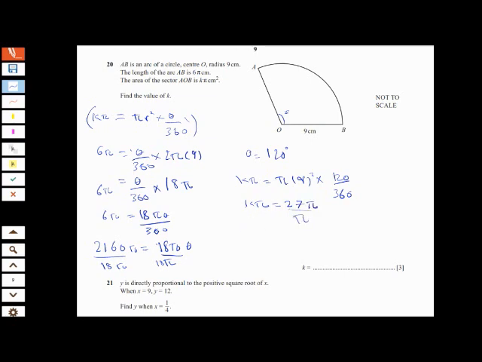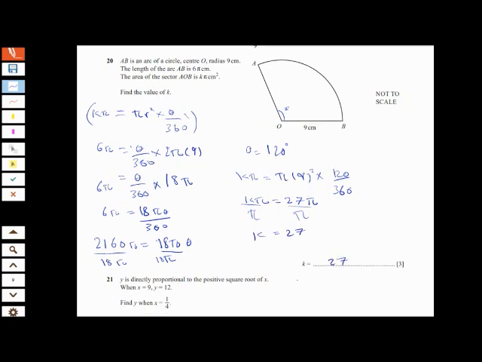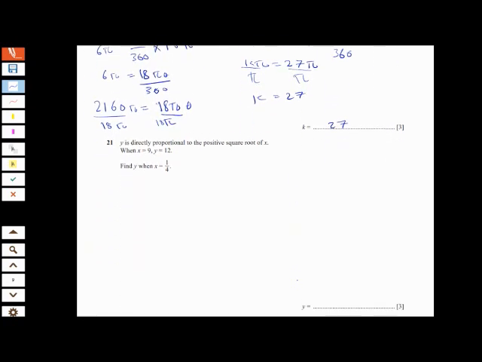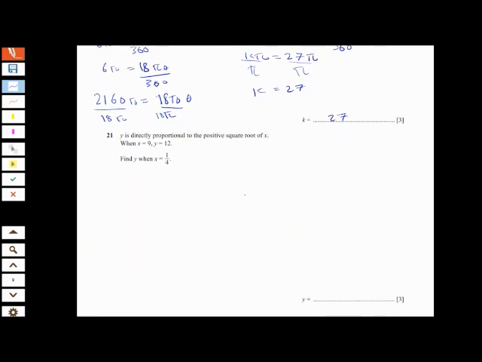So divide pi both sides, end up with k equals 27. That's the answer.